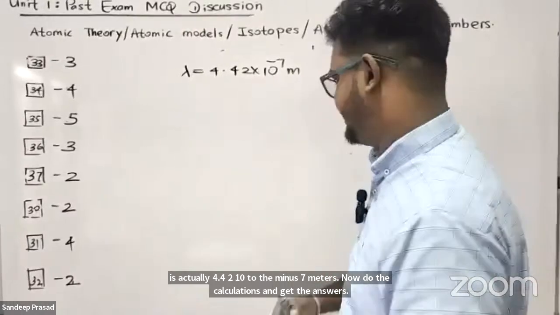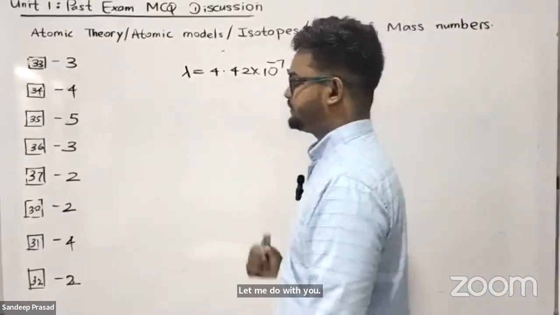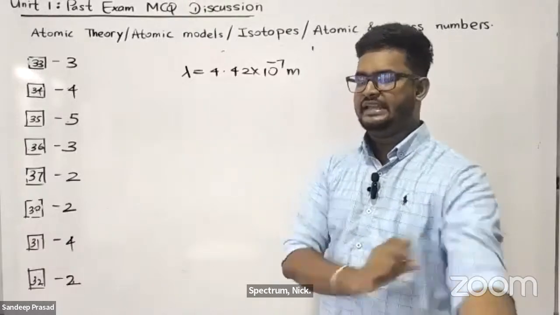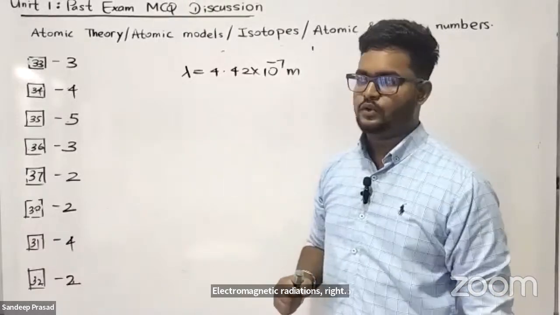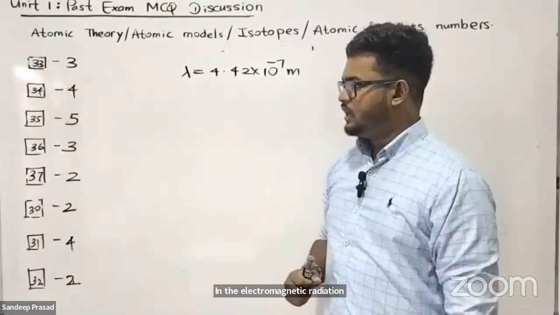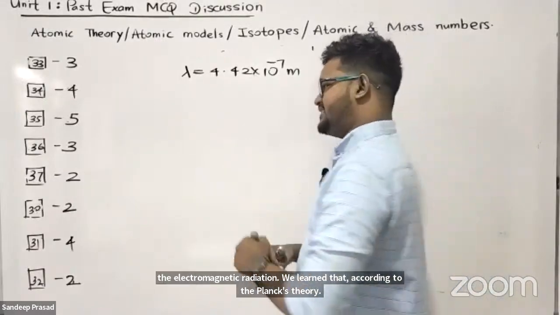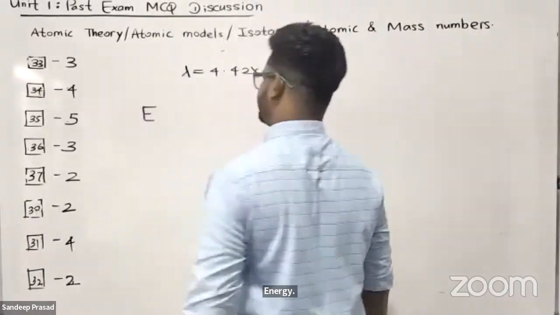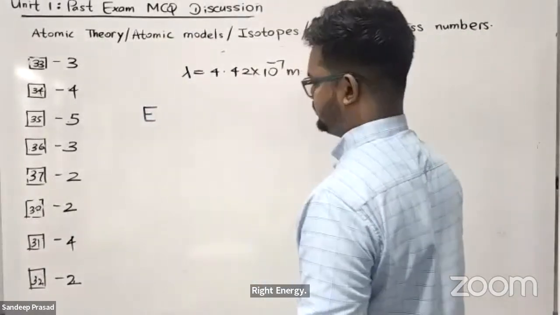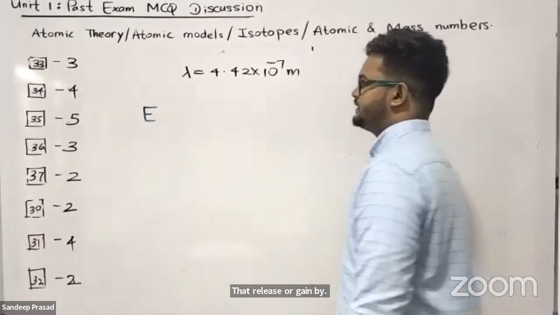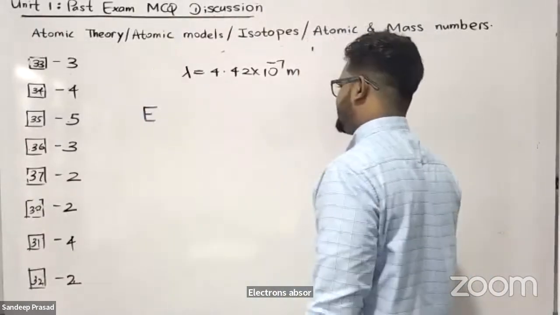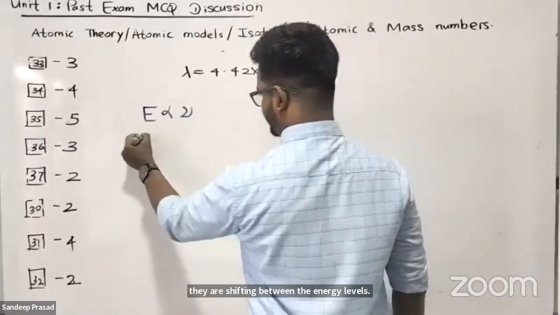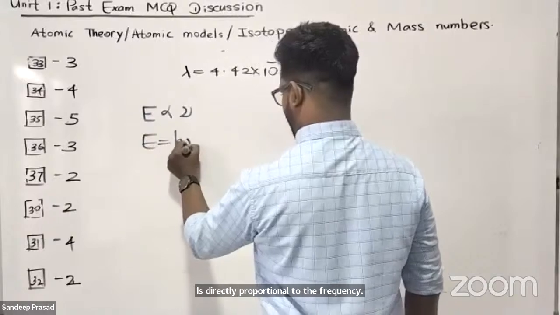Right, students, we learned about the electromagnetic spectrum, electromagnetic radiations. According to Max Planck's theory, the energy released or absorbed by electrons when they are shifting between energy levels is directly proportional to the frequency. This proportionality symbol can be eliminated by adding Planck's constant.